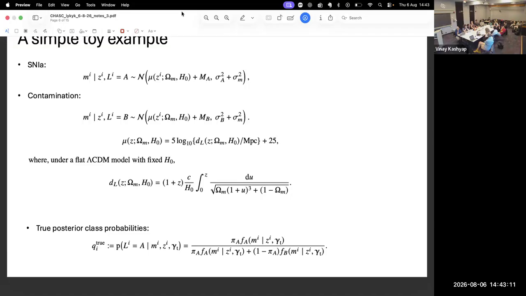The reason we often use classifiers that are not trained fully on real data is because there's not enough real data. So they use simulations of supernovae where multiple types are simulated, and to do the simulations you need to assume some fiducial cosmology. If you would only train, for instance, on the SALT stretch and color corrections and redshift, you could get the same example but with different magnitudes.